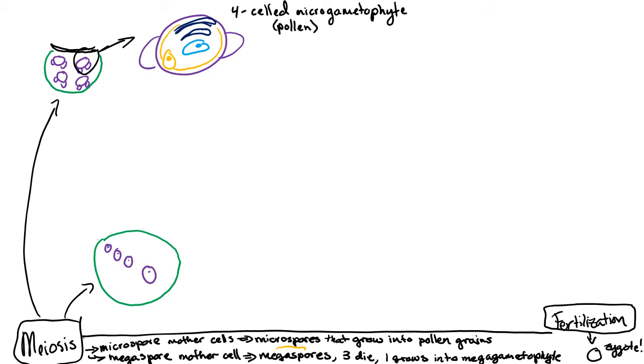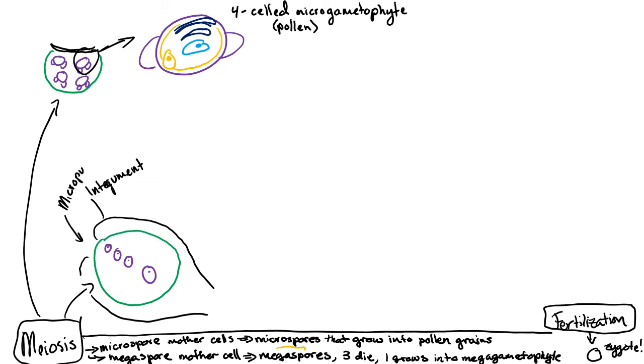It is surrounded by the integument. And then this hole, this gap in the integument here, is called the micropyle. And then this green is the megasporangium.